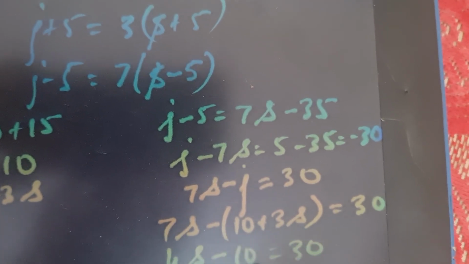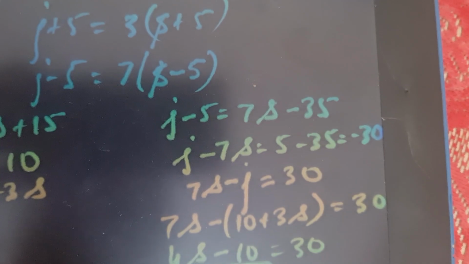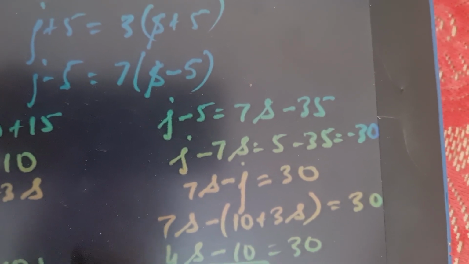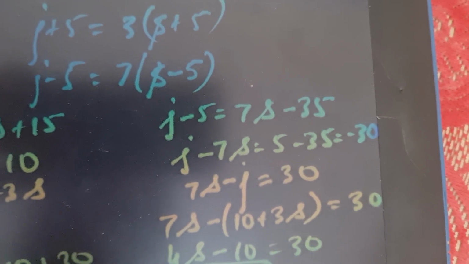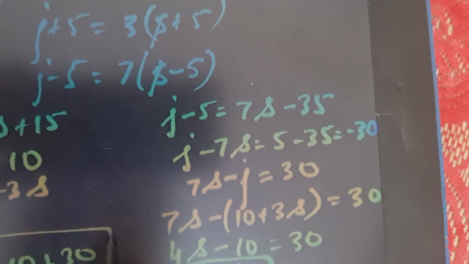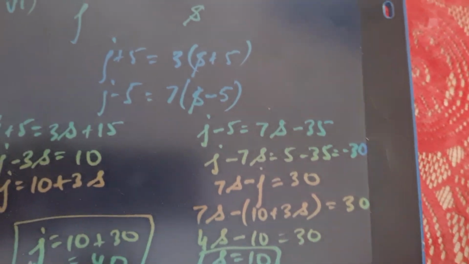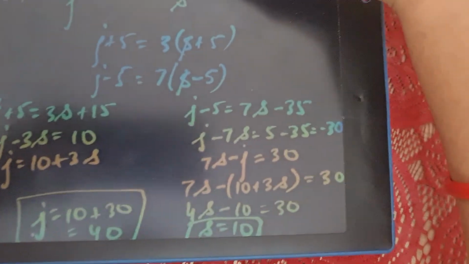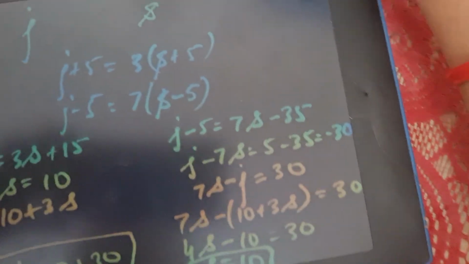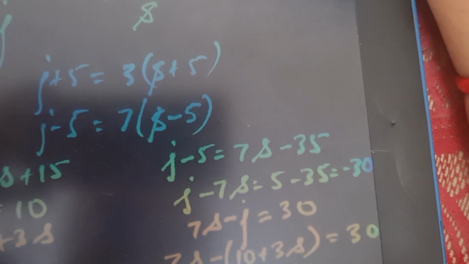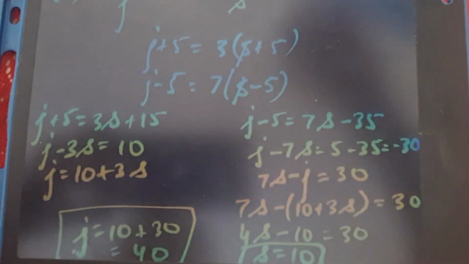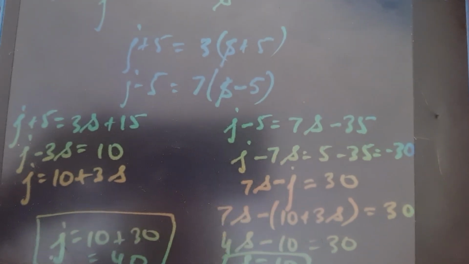S is 10, and the value of J is 10 plus 30. So J is 40. So the ages of Jacob and his son are 40 and 10 respectively. So I have solved this exercise 3.2.